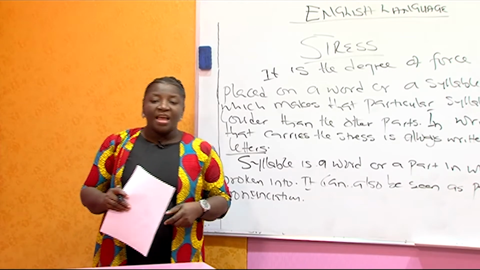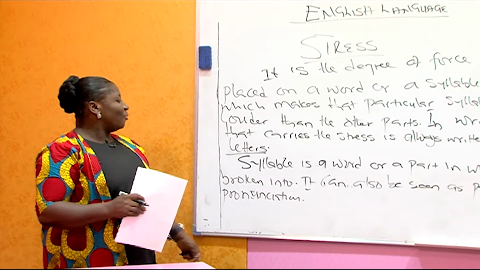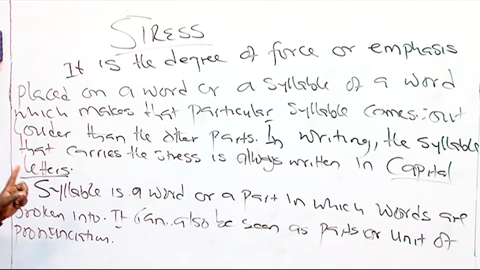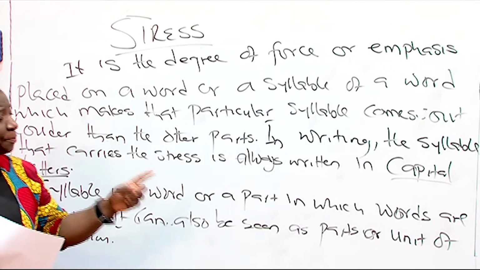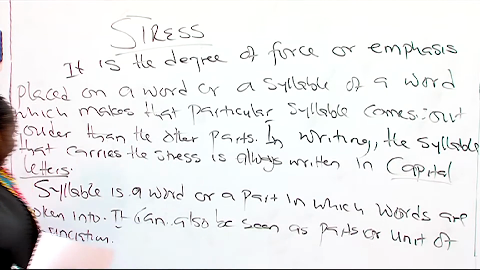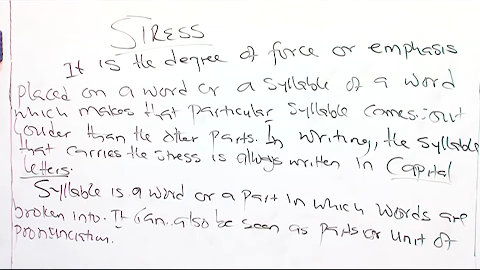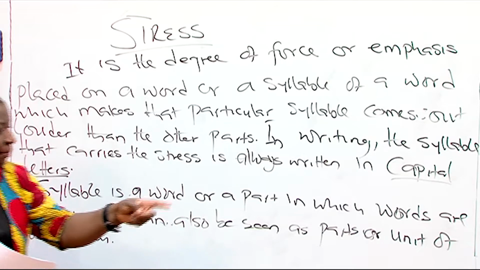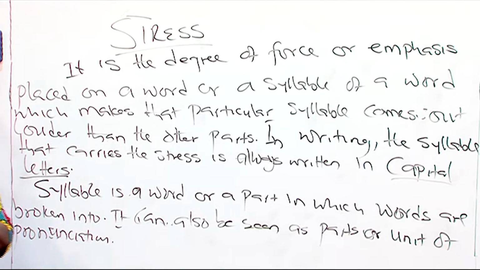What we are simply saying is that in English language, we cannot do stress without understanding what a syllable is. A syllable is a word or a part into which words are broken. Another way you can look at a syllable is that it can also be seen as a part or unit of pronunciation.